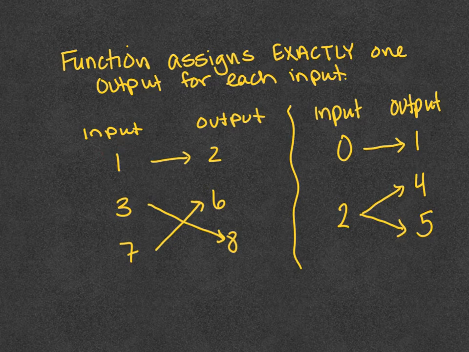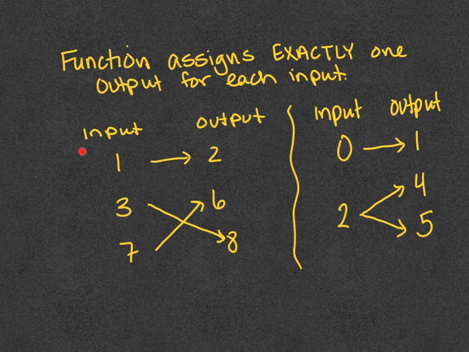I can't take that very same input, apply the very same rule to it, and get a second output that is different from it, because I'm doing the same input and the same rule. So if every input in a function is going to have 1 and only 1 output, because you're applying the same rule to that input, you can't get 2 separate outputs.